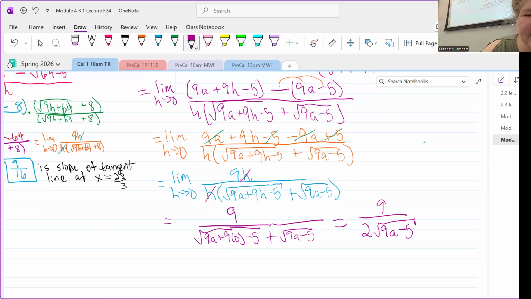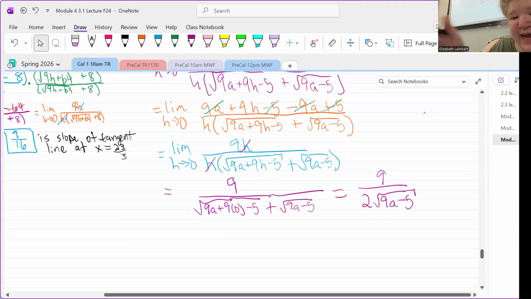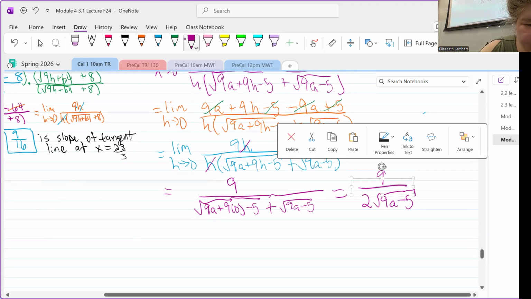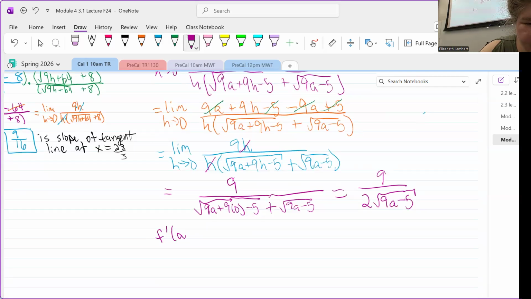So that is our formula for the derivative for any a value. So if I plug in 23 thirds here and work it all out, I'm going to get that 9/16.